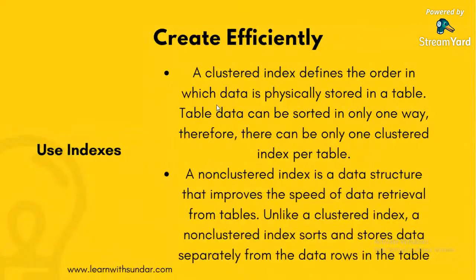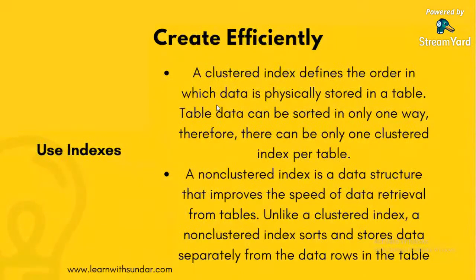When we create a table, for that particular table we will be giving a primary key. A primary key always goes in a sequential order. So if we have 100 records, the 100 records will be inserted one by one. So a clustered index defines the order in which data is physically stored in a table.